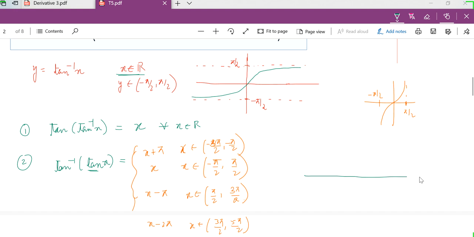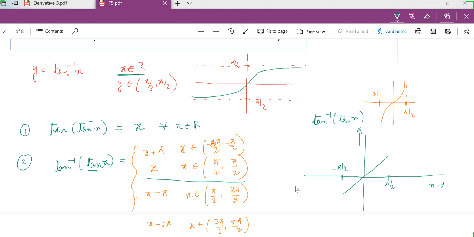If I really want to see this in a graph, I can draw the graph of tan inverse of tan of x. This is y and this is x. It looks like this. y is equal to x, as you said, when x is from negative pi over 2 to pi over 2.